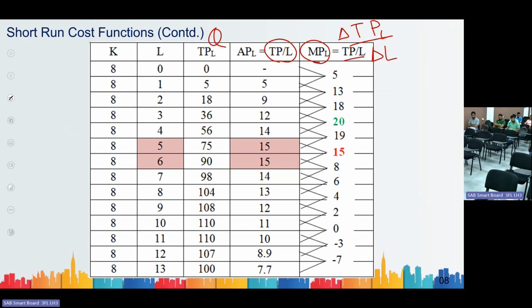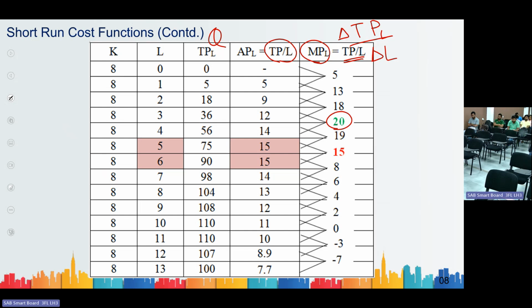There is a typo error. Just correct it. It's MPL is change in total product of labor divided by change in labor. You see, marginal product is maximum here. Marginal product is maximum here.